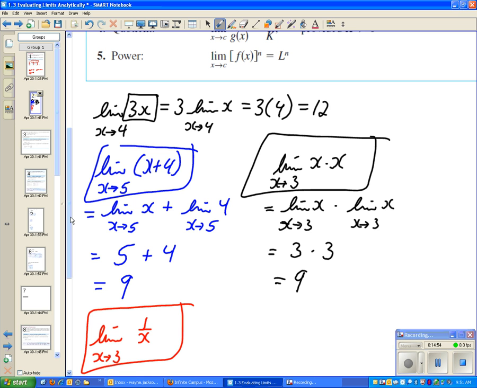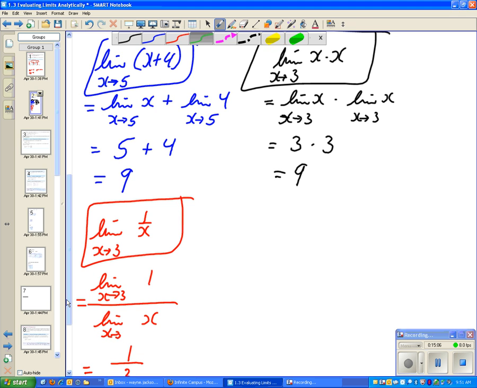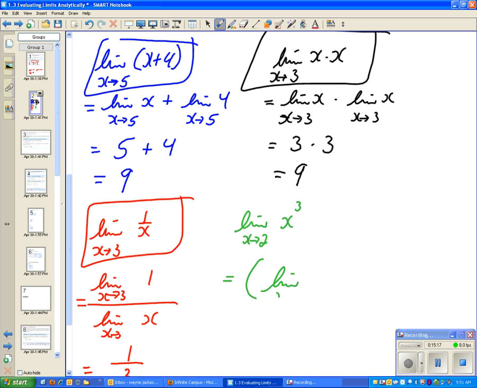If you have the limit of a function raised to an exponent, then that's just find the limit of the function and raise it to that exponent. Like this. If I have the limit as x approaches 2 of x to the third, I can think of it this way. Find the limit as x approaches 2 of x, and then raise it to the third. What is the limit of x as x approaches 2? 2.